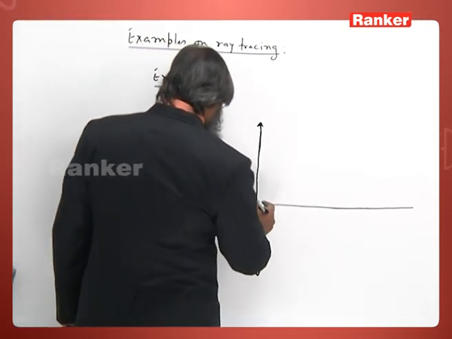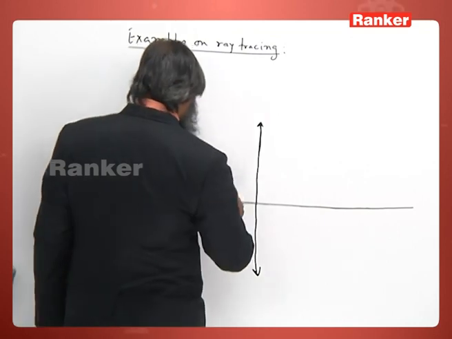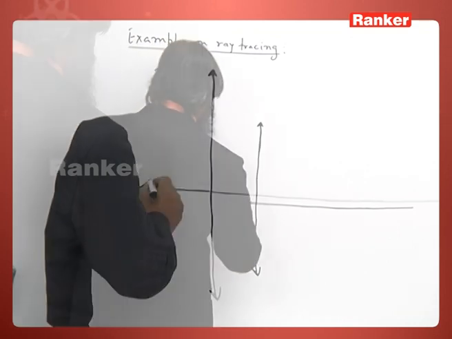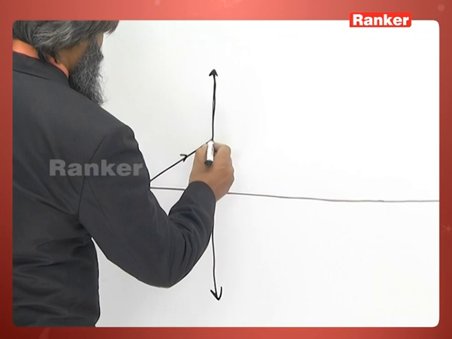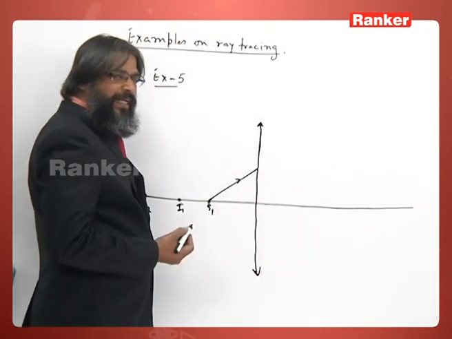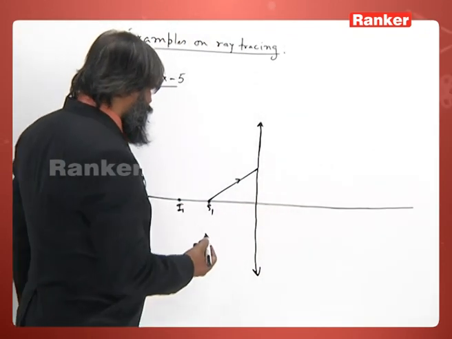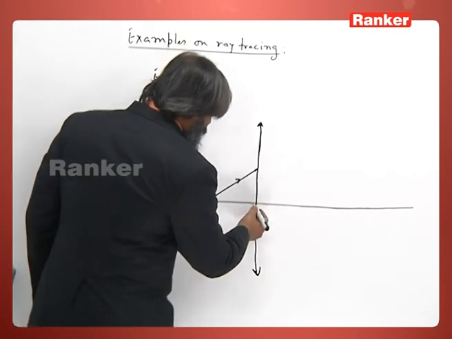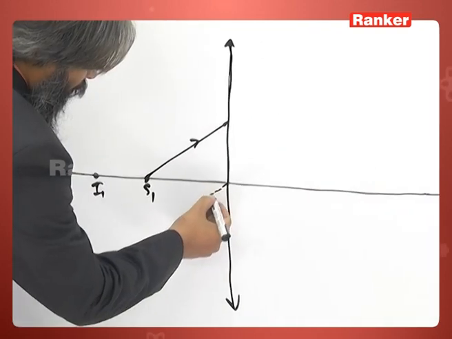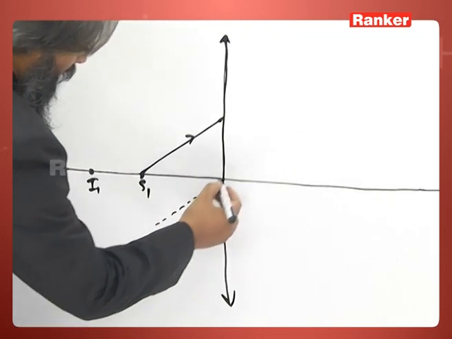So what we do, we take an arbitrary ray like this. This is arbitrary, in any direction I have taken a ray. And then parallel to this, let us draw from the optical center a ray.